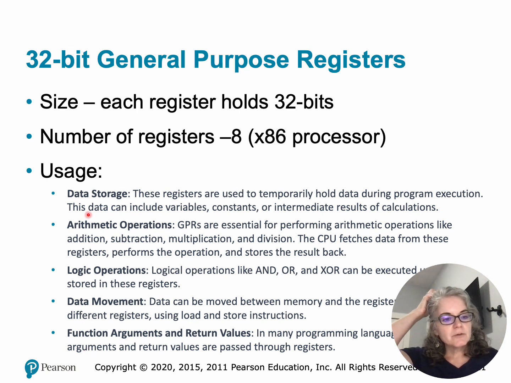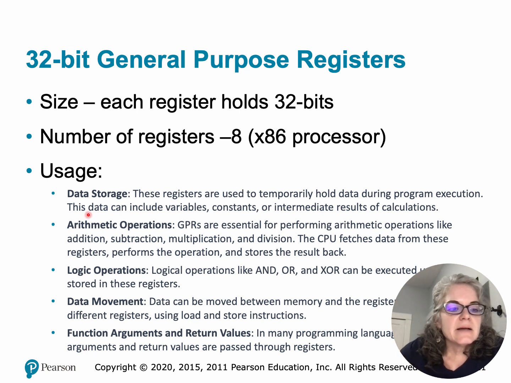So the registers are used to hold data. It temporarily holds data during program execution. The data can include variables, constants, intermediate results of calculations. The registers can hold arithmetic operations.